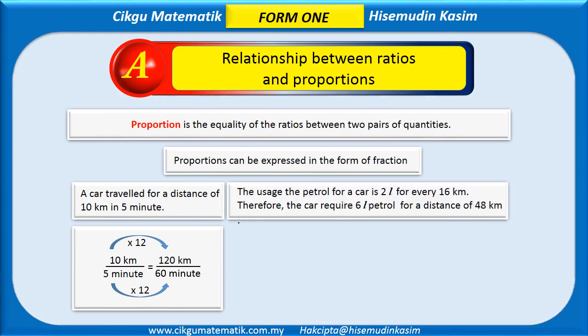The usage of petrol for a car is 2 L for every 16 km. Therefore, the car requires 6 L of petrol for a distance of 48 km.